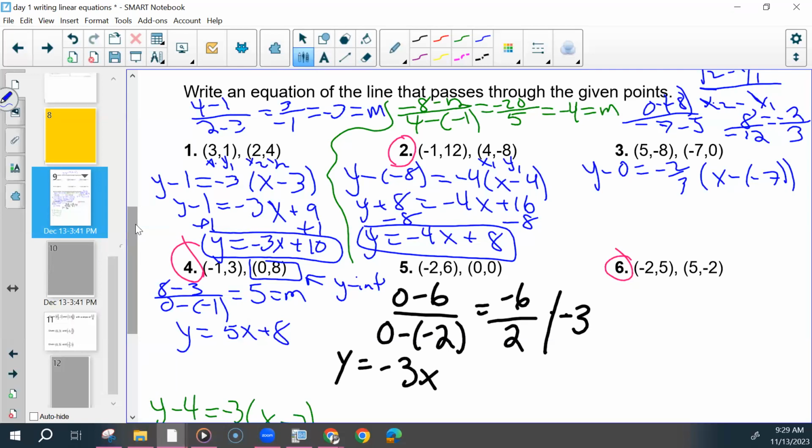You have to change the negative minus to a plus before you do anything else. This would just become y equals, and then distribute. So y equals -2/3 x minus 14 should have been the answer.